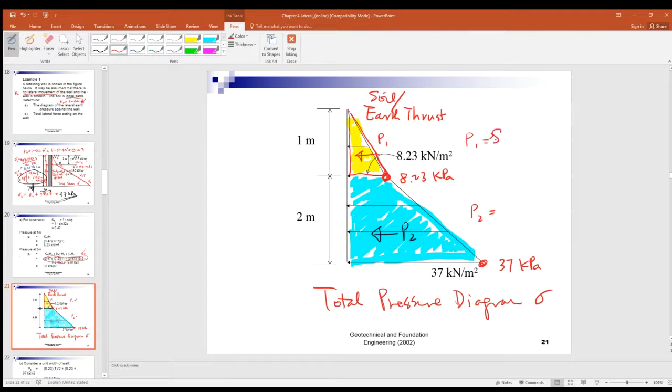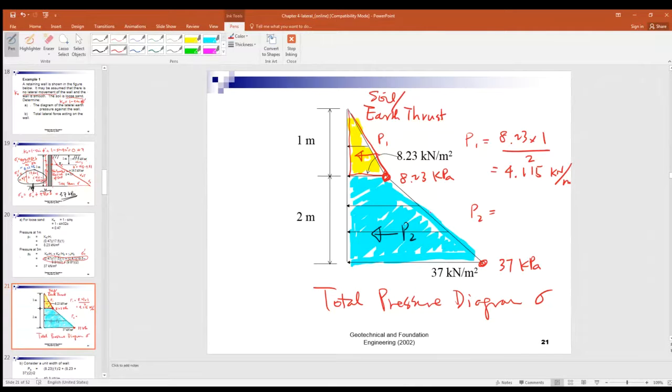So 8.23 times height divided by 2, right? So equal to 4.115 kN. Remember, per meter length of the wall.